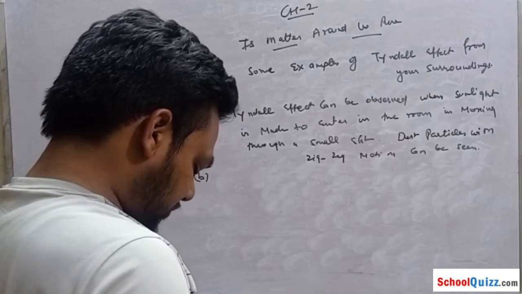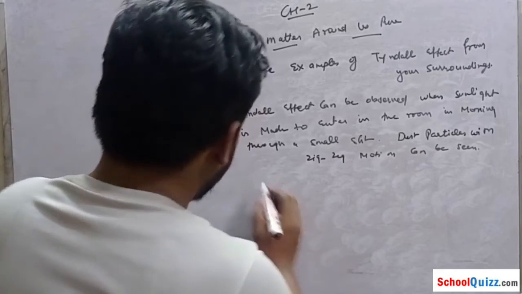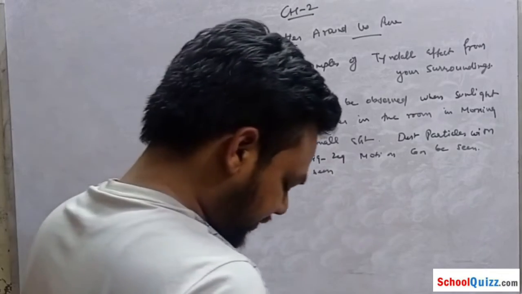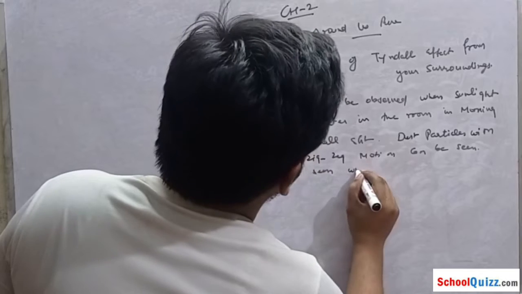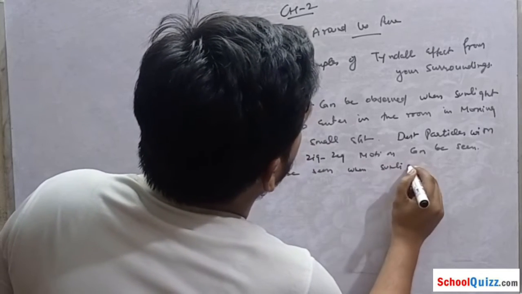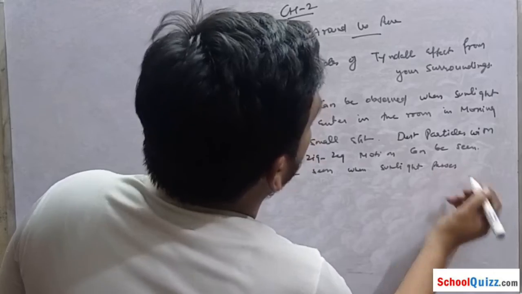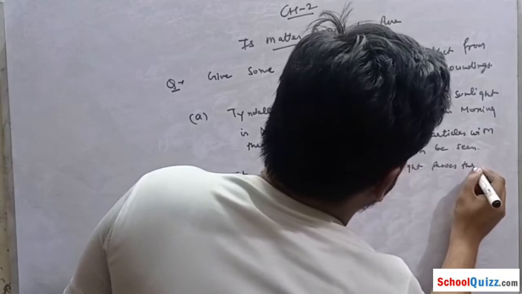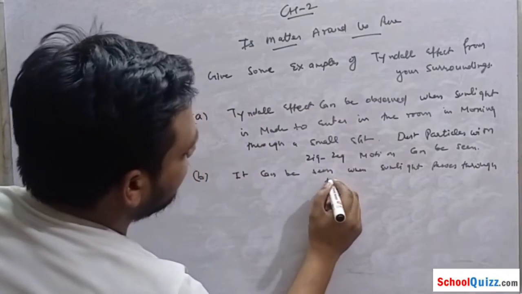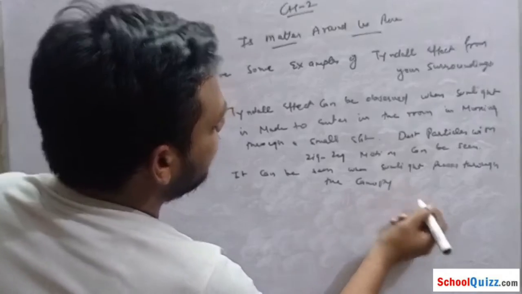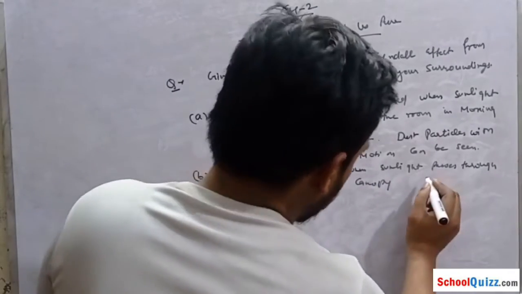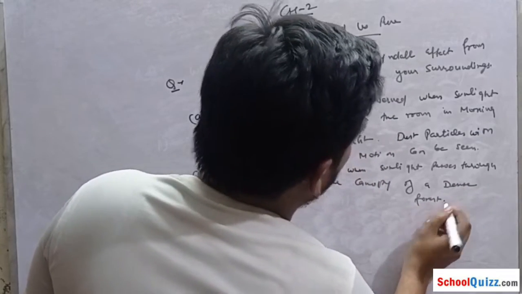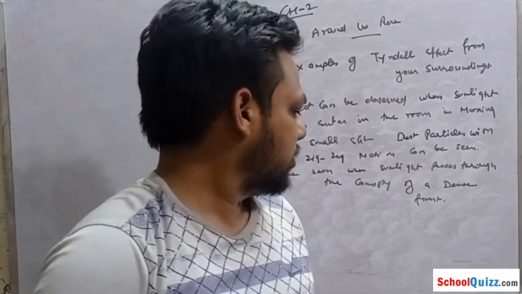Second one: it can be seen when sunlight passes through the canopy of a dense forest.